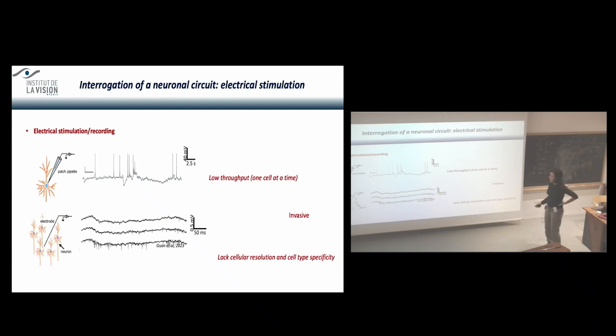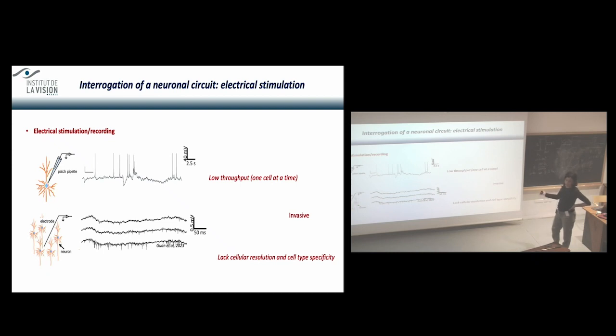And then you can place what we call extracellular electrodes. These are electrodes that can activate or record from multiple cells at the same time. So you get a feeling of population activity, but the limit of this kind of approach is that it lacks single cell resolution. You can retrieve the response of single cells, but this requires quite complex signal processing, and most importantly, these approaches lack genetic specificity.